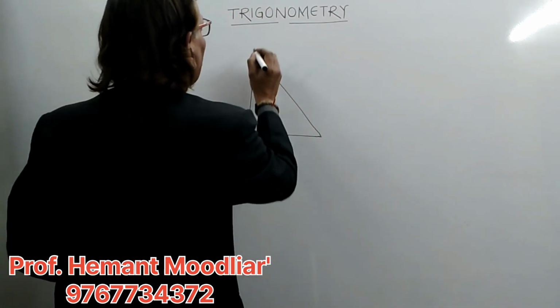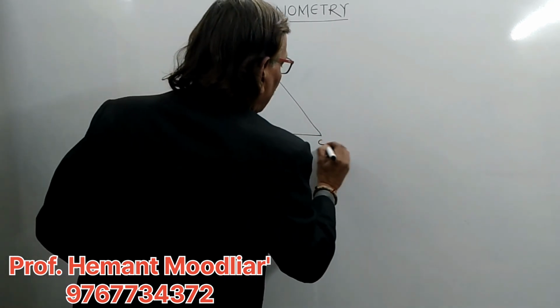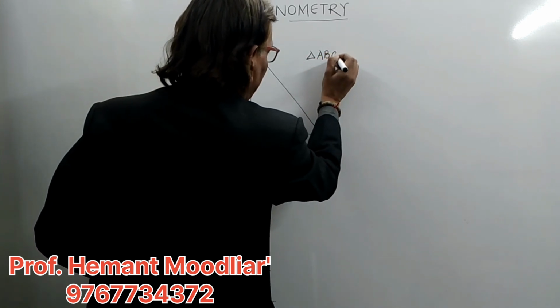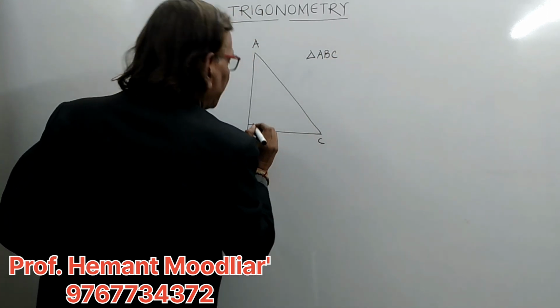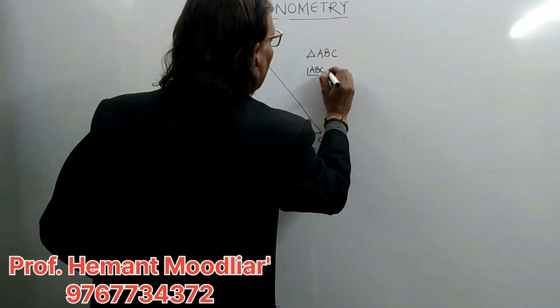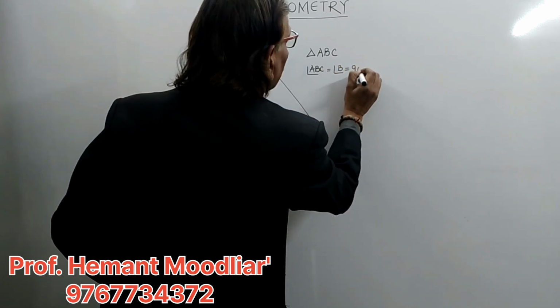I name this triangle as triangle ABC, with angle B as 90. I can write down here as angle ABC is equal to angle B is equal to 90.